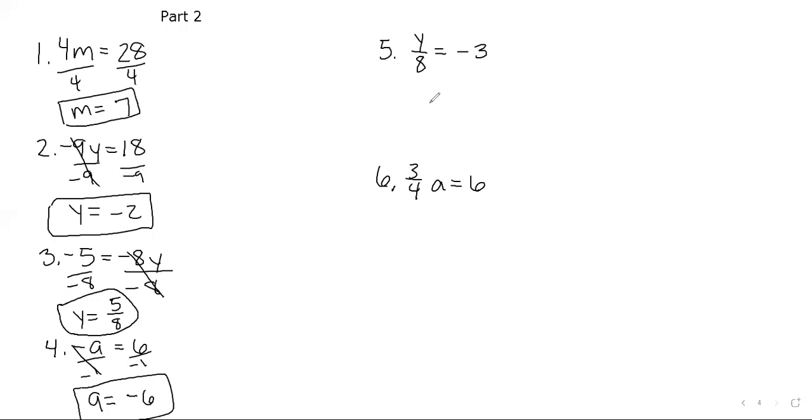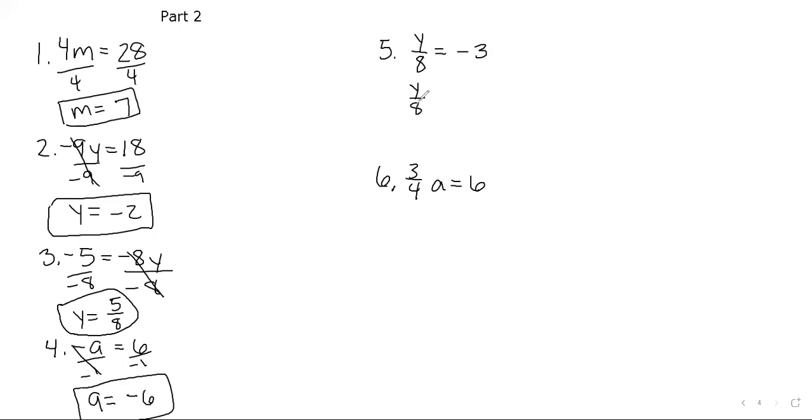So for number 5, we have y over 8 equals negative 3. Now, previously, we had that number being multiplied by the variable. Here, the number is being divided by the variable, so the opposite of division in this situation will be to multiply, okay?